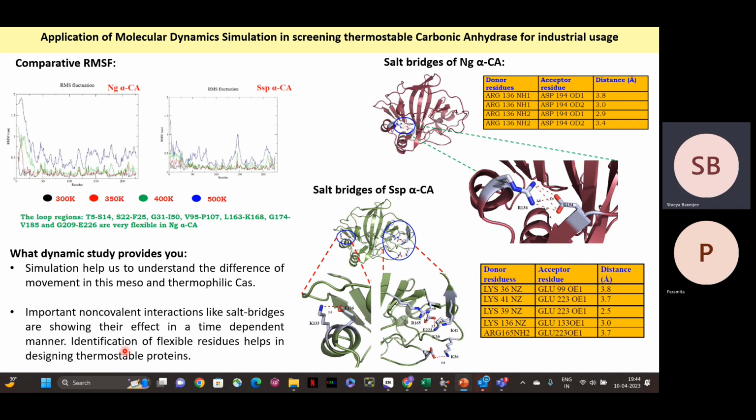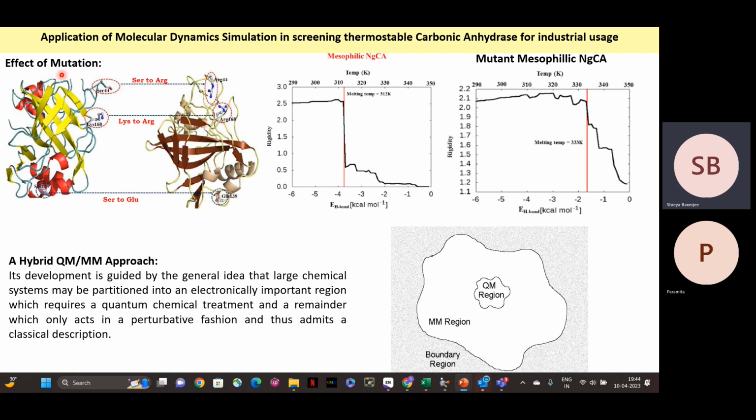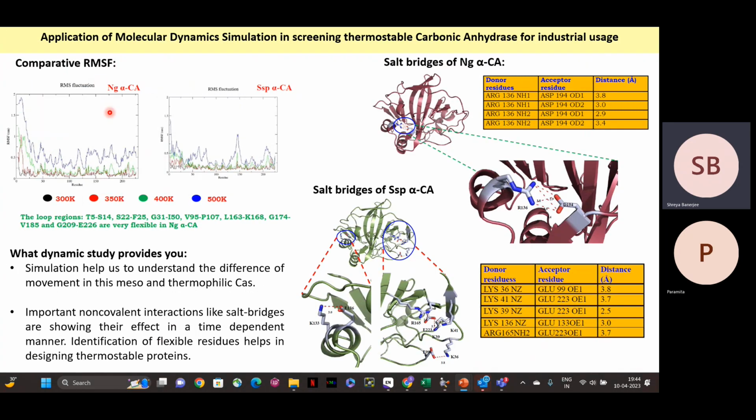So now what we need is a carbonic anhydrase which has high activity like Ng, but which has the thermostable property of SSP. So Ng has to be mutated in such a way that the thermostable property of SSP is incorporated into Ng, so that we have both high activity and high thermostability.